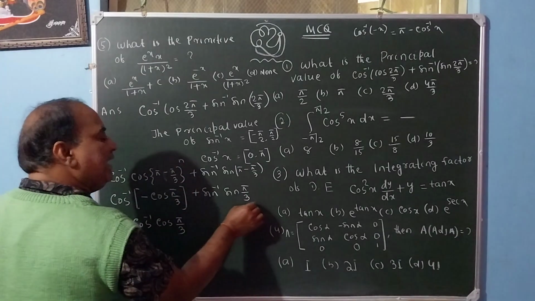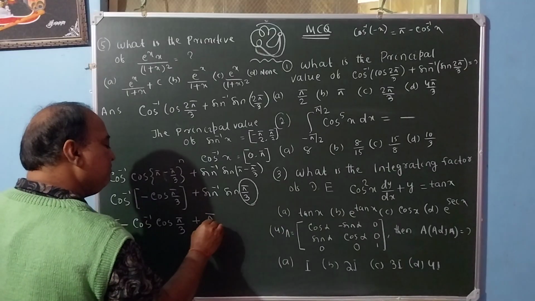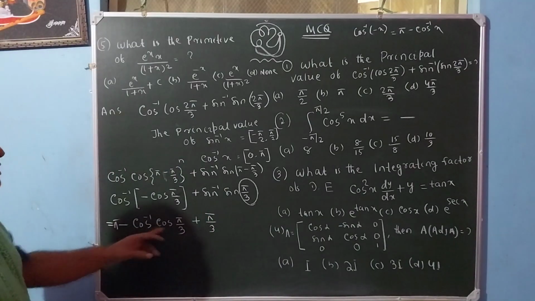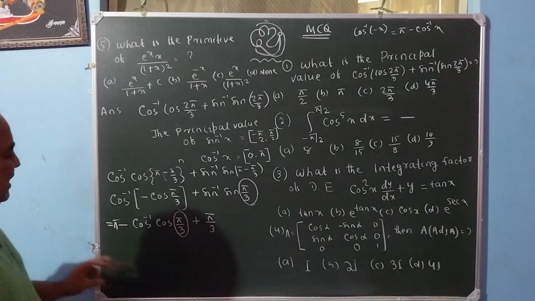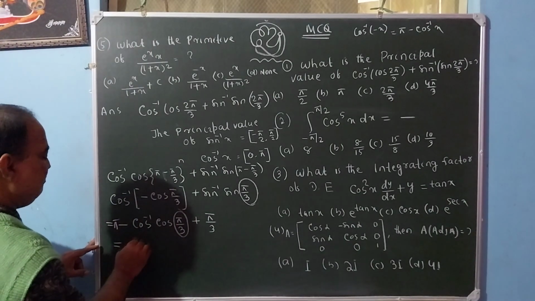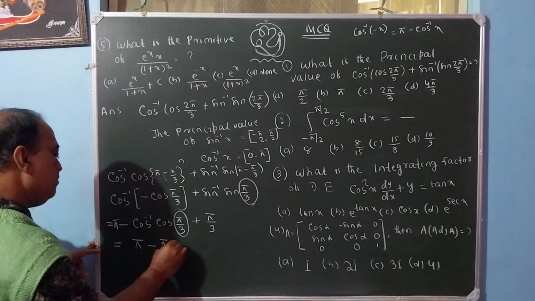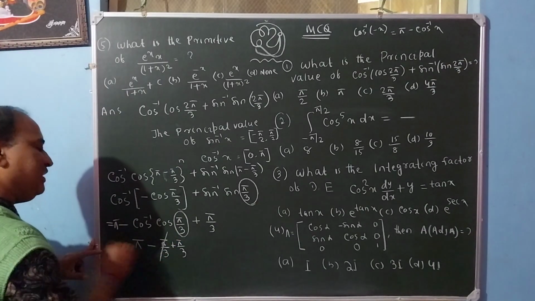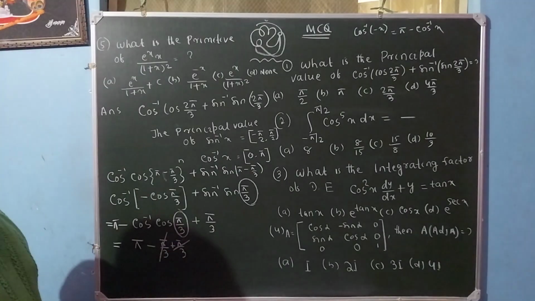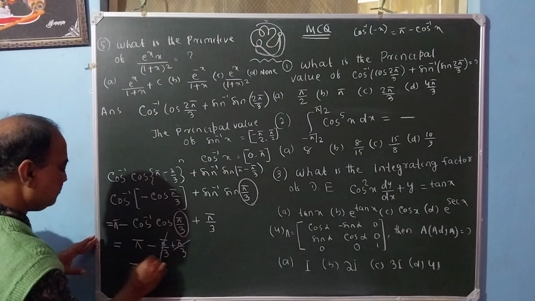Sin inverse sin pi by 3 is equal to pi by 3. Cos inverse of cos pi by 3 is pi by 3. So here we get pi minus pi by 3 plus pi by 3. Minus pi by 3 plus pi by 3 cancel. So the result is pi.